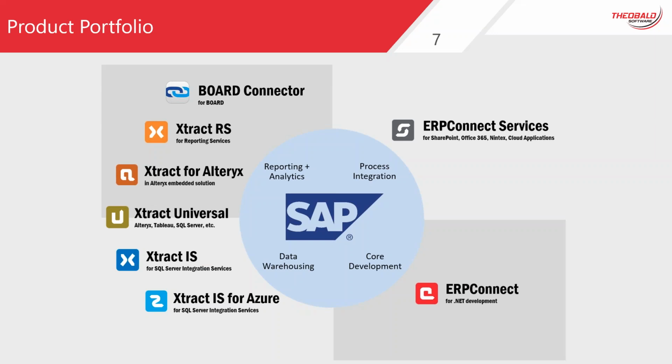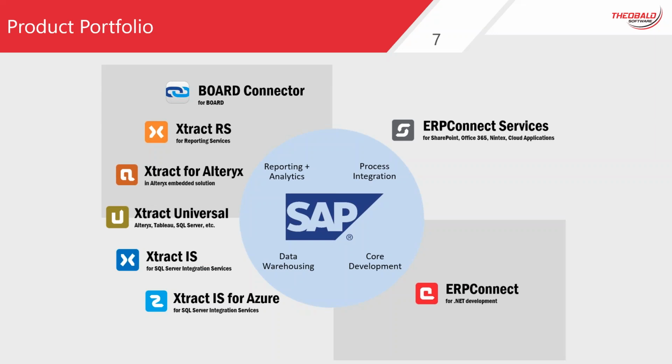As Benjamin said, we are specialized in SAP connectivity and SAP interfaces. We distinguish between two areas. The right area here is for process integration, where SAP systems integrate with other systems like SharePoint, like Office 365, like workflow engines, for example with Nintex and so forth, or other cloud applications.